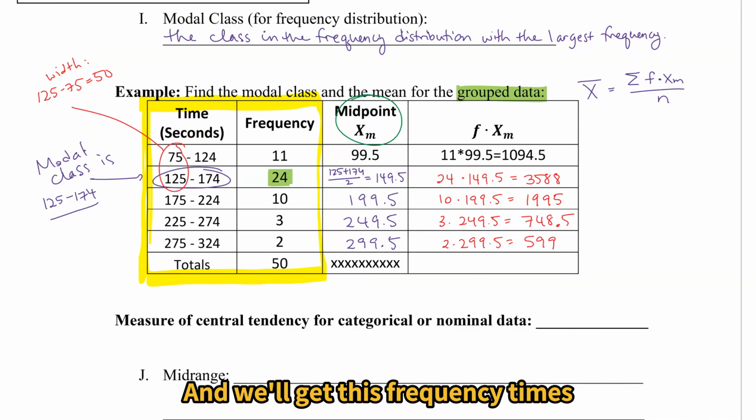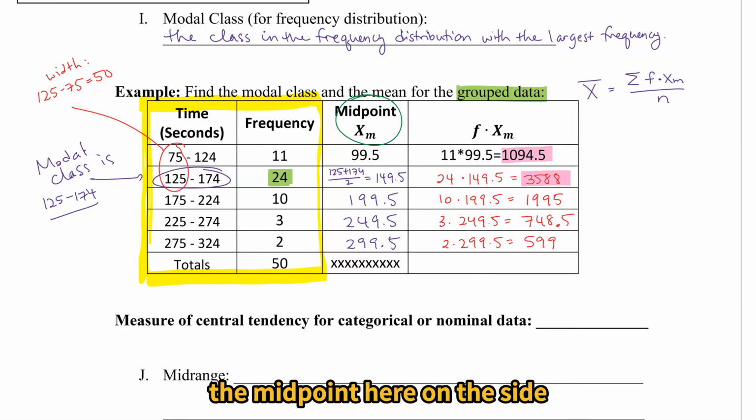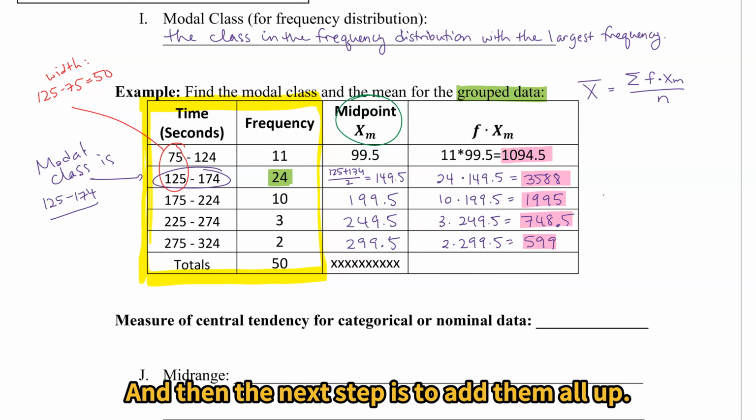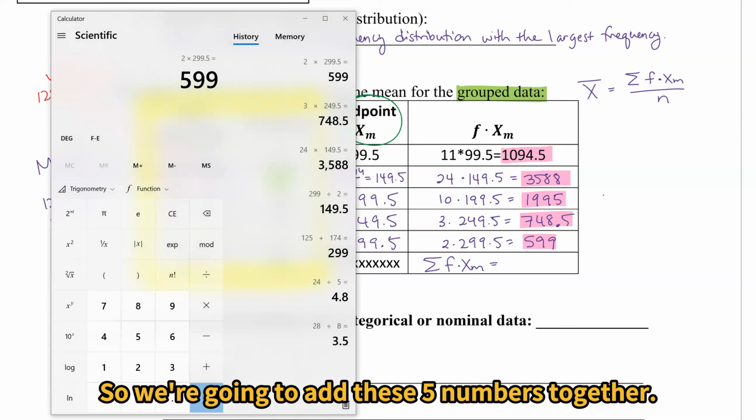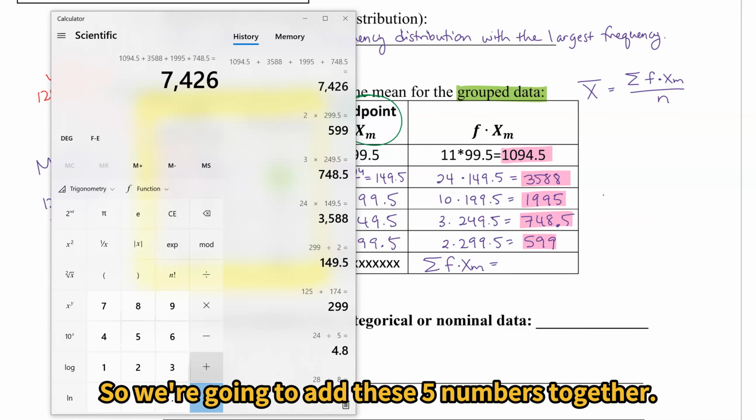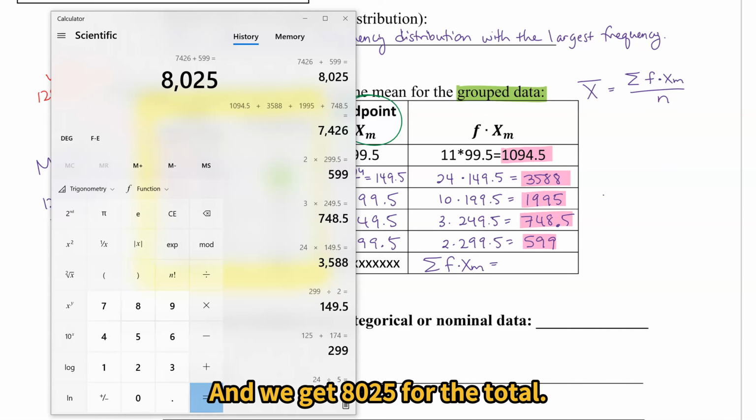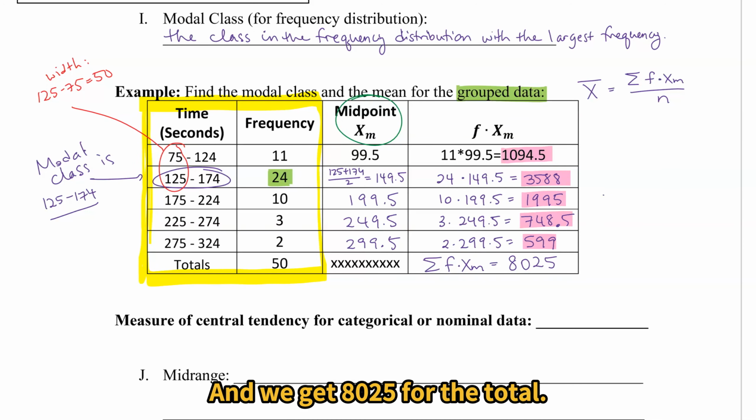And we'll get this frequency times the midpoint here on the side. And then the next step is to add them all up. So we're going to add these 5 numbers together. And we get 8,025 for the total.